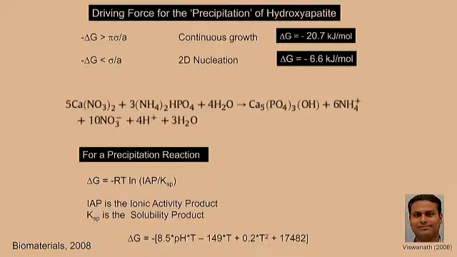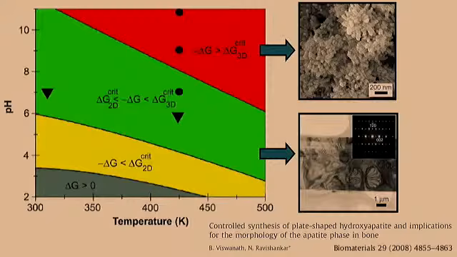And we ask the question: can we predict under bone biomineralization conditions whether it's expected to form platelets? Indeed, we show that we can come up with morphology diagrams for this case and showed that under body biomineralization conditions, which is neutral pH and 37 degrees centigrade, it indeed forms platelets with exactly the same orientation as in the human bone.